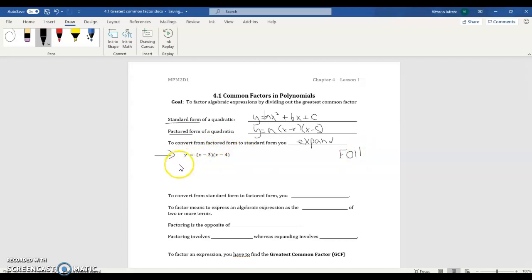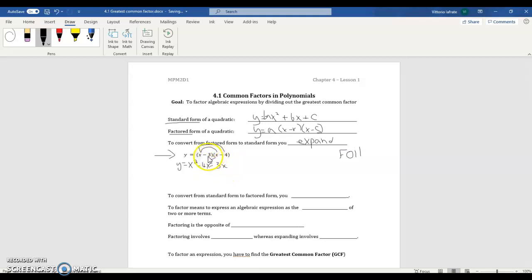So we're going to have y is equal to our first terms multiplied, so x and x over here, so that's x squared. Remember your exponent rules. The outer terms, so x times -4, that's -4x. The inner terms, -3 times x is -3x.